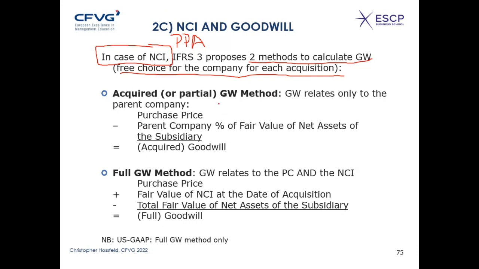So here you see the two methods. We have the acquired goodwill method and we have the full goodwill method. The acquired goodwill method basically means I calculate the goodwill only for my percentage. So for the parent company percentage. So if I buy, in the example, we buy 60%.